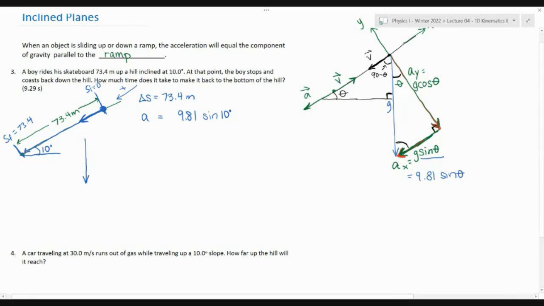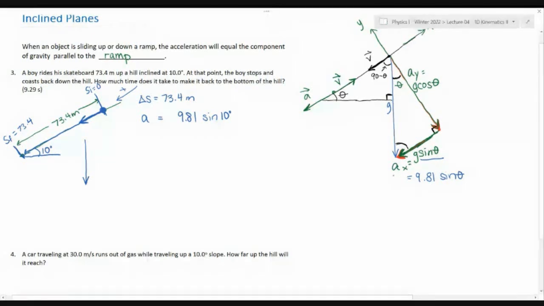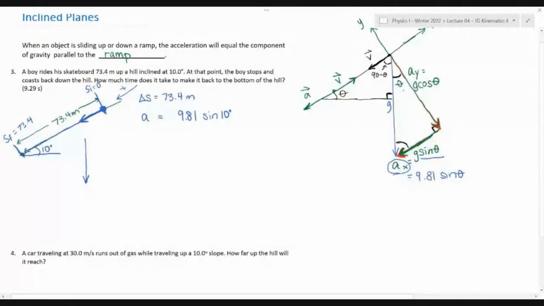Okay, and that component is the component that's parallel to the ramp, which we called over here AX. And since it's opposite of the theta, the angle, it would be the acceleration due to gravity sine of theta. So it's 9.81 sine of theta. And in this question, theta, the angle of incline of the ramp, is 10 degrees. So far, we just know these two kinematic variables. We're saying acceleration is positive because we already said positive is down the ramp.